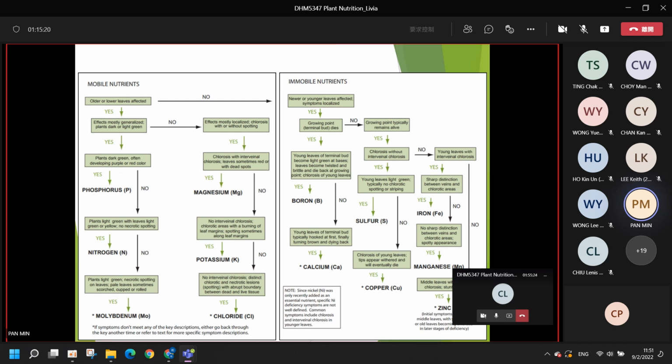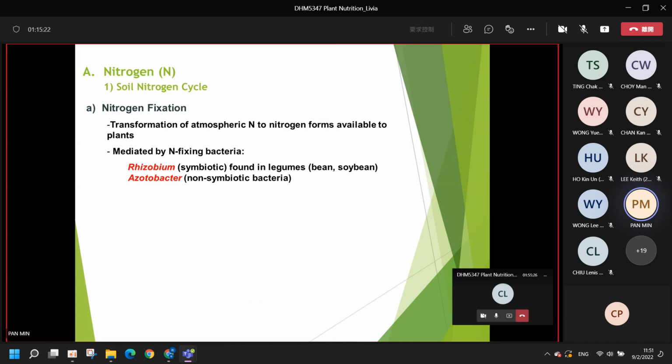which nutrient deficiency will cause these symptoms on the plant. And here we'll talk about the first essential element, nitrogen. For these essential nutrients, we only focus on the 14 essential nutrients that we can absorb from the soil.